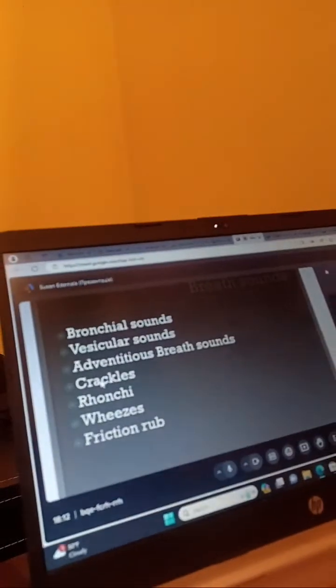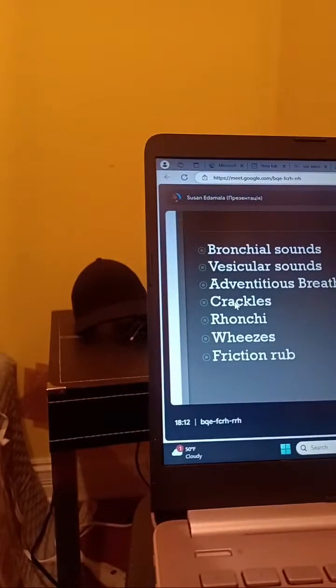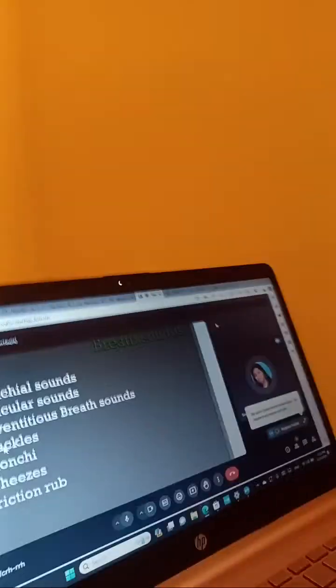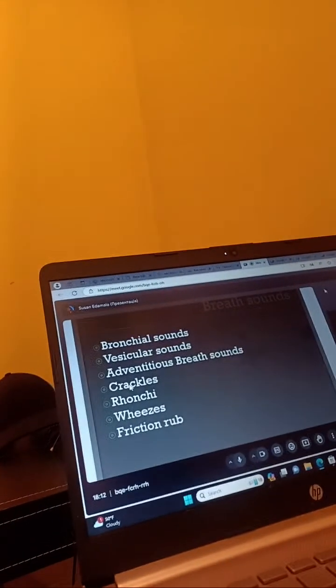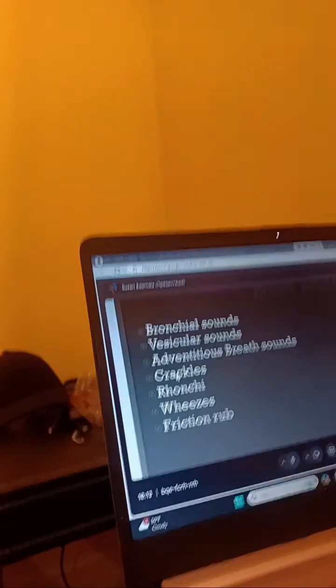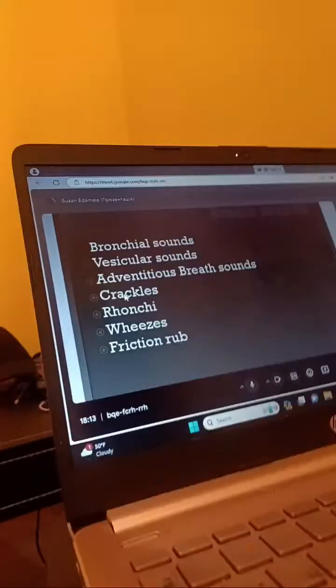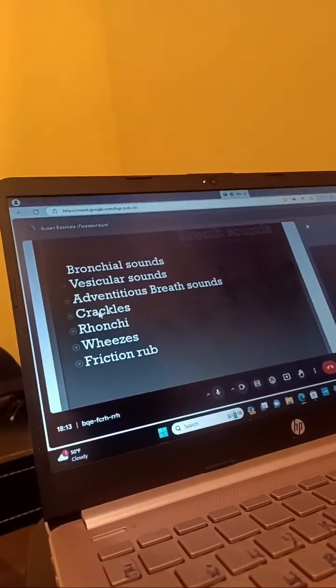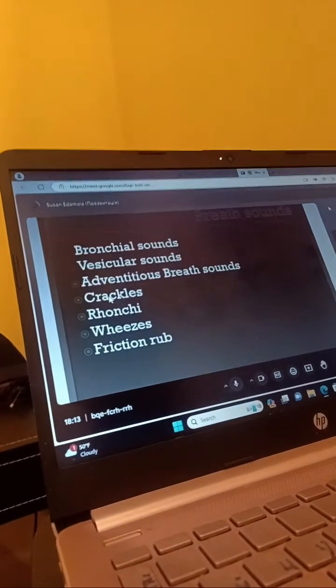we need to know these sounds, crackles. Crackles means something like that. When you hear crackles, mostly it is because there is fluid in the lungs. In pulmonary edema, there is fluid in the lungs, and someone with pulmonary edema will have pink frothy sputum coming out from the mouth, but when you listen to their lungs, crackles is what you will hear.